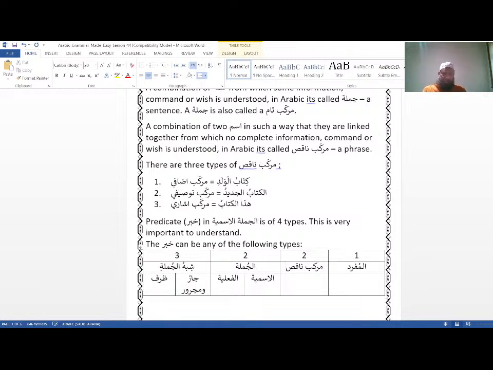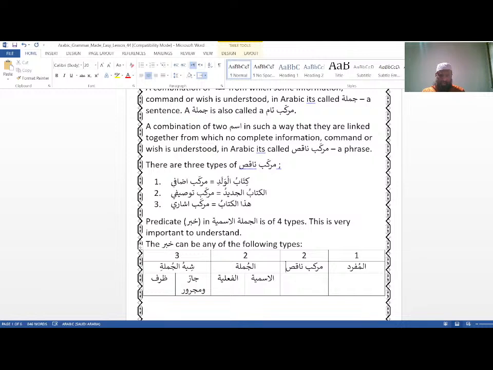So khabar can be al-mufrad, a single word, which is a noun. Khabar can be murakkab naqis, a phrase. Khabar can be murakkab tam or jumla. And murakkab tam either al-ismiya, or al-fi'liya. And number 3, khabar can be shibhul jumla.